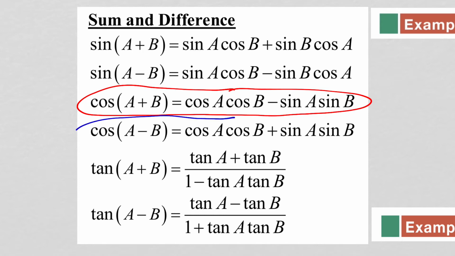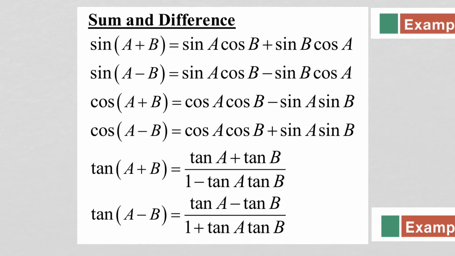So if you look at the formula for cosine of a minus b, you'll notice that the formulas for cosine of a plus b and cosine of a minus b are exactly the same, except for here you have a positive and here you have a negative, and over here you have a negative and here you have a positive. But every other aspect of the formula is identical.